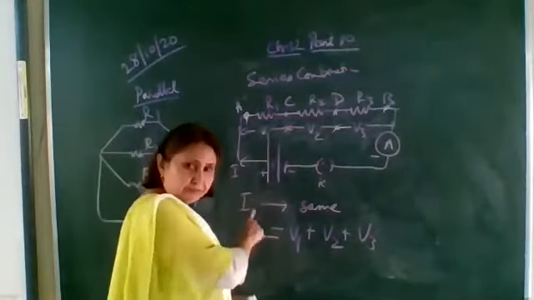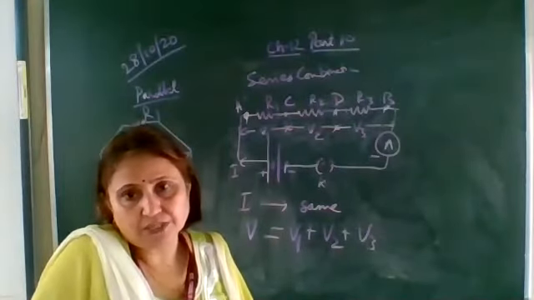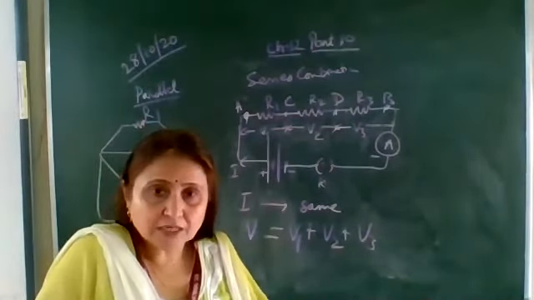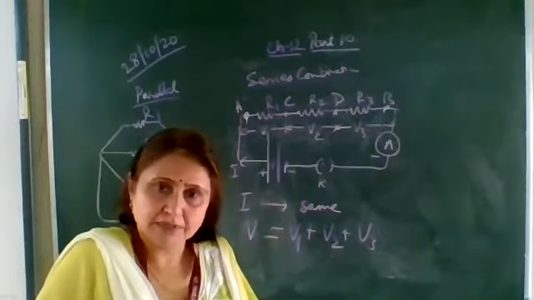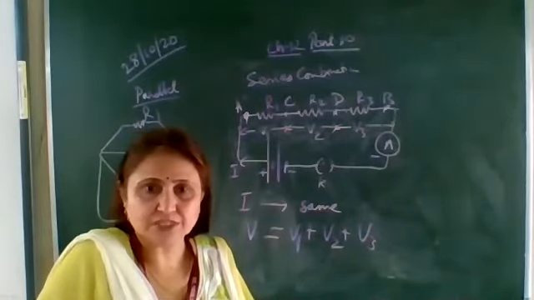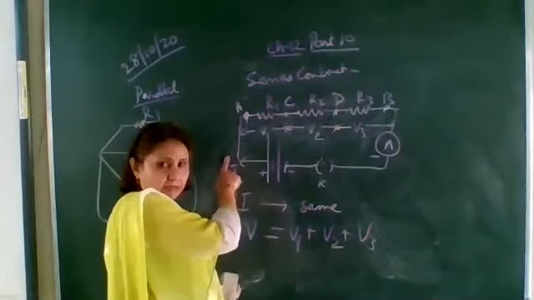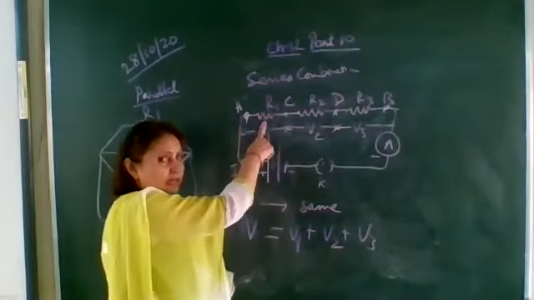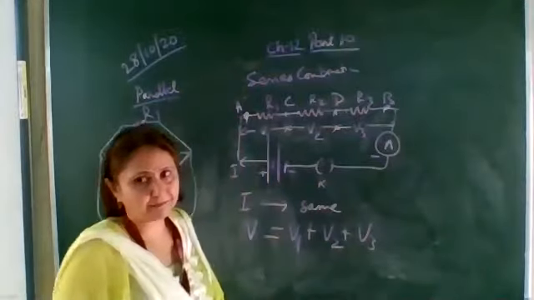So from this activity we have studied that in series combination, the current flowing through each of the resistors is the same. Okay, suppose 2 ampere of current is given by the battery. So across R1 also it will be 2 ampere, across R2 and R3 it will be 2 amperes.